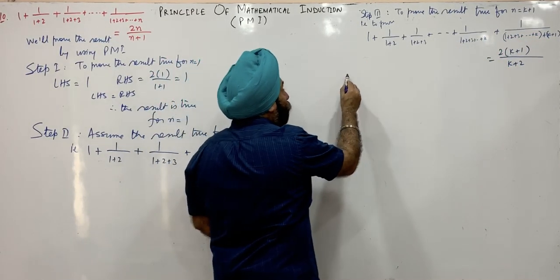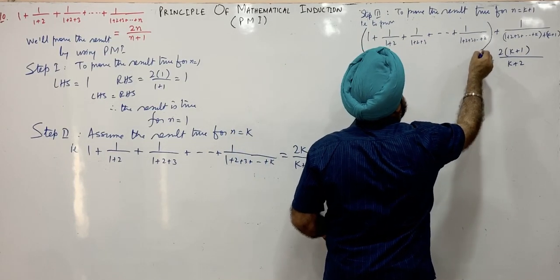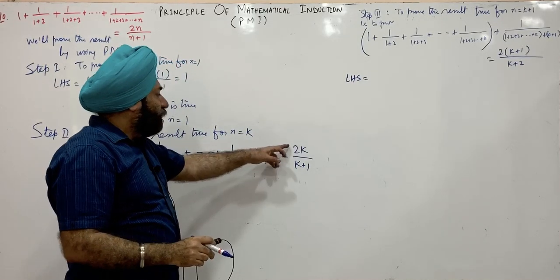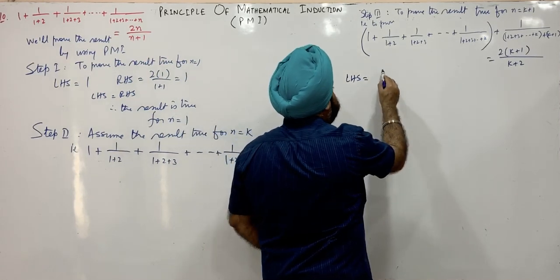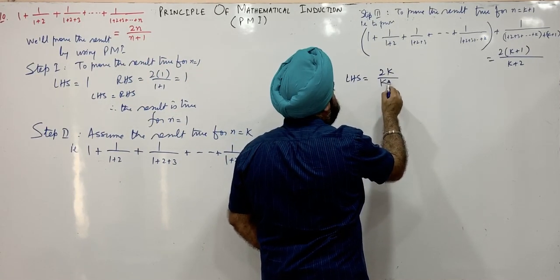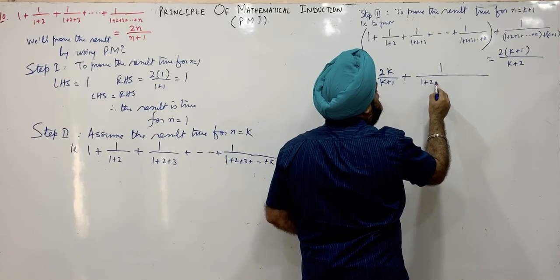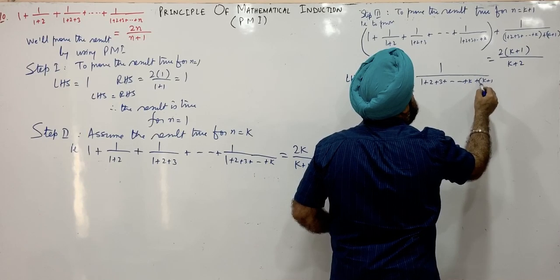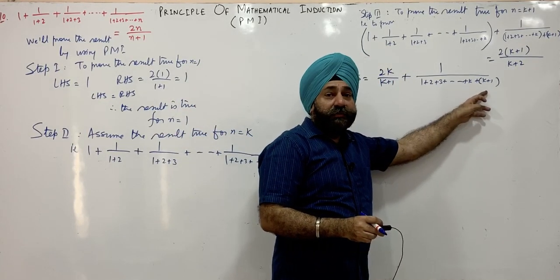We start from left hand side. Sum of terms from this to this, this result is obtained from the second step. This is 2k upon k plus 1 plus this is 1 upon 1 plus 2 plus 3 up to k plus k plus 1. How do we find out sum of terms here?